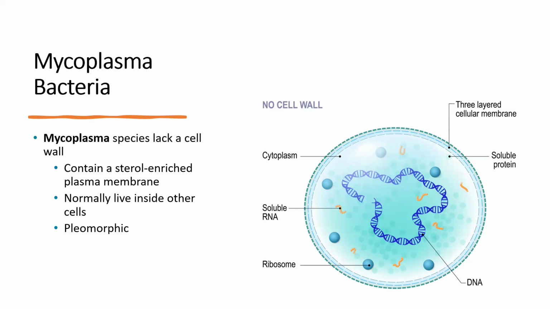They are pleomorphic, which in this case means that they have multiple shapes. We're just showing it here as a nice circle, but they can be all sorts of shapes, because the cell wall that other cells have is often what drives their shape. When you don't have a cell wall, they can become more amorphous and take different forms.